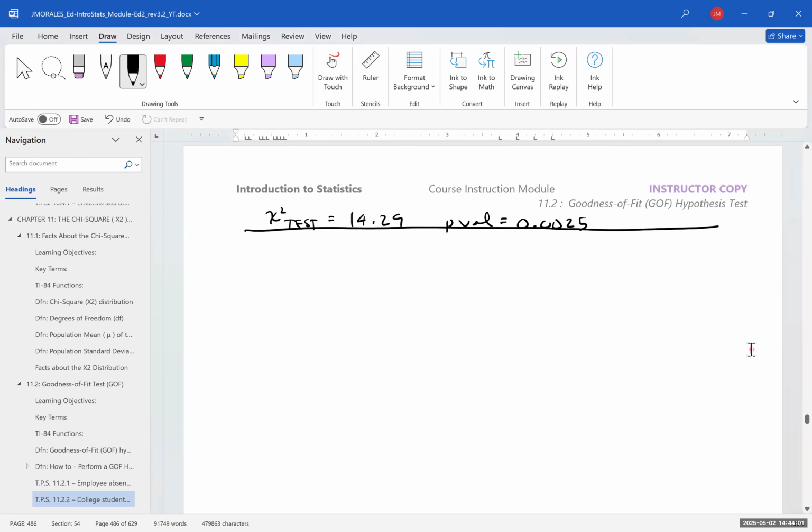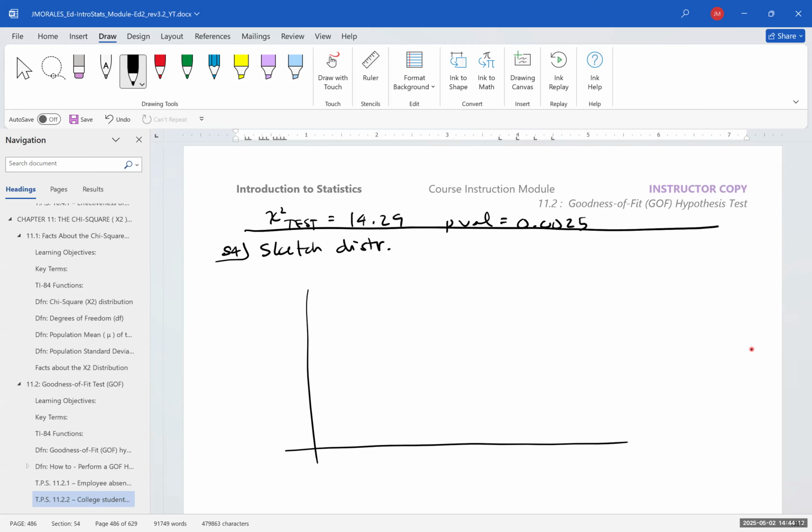Good. So step 4 is going to be to sketch the distribution. So it's chi-squared, so it's not symmetric. It looks right skewed. So something about like that. So it'll always be right-tailed.